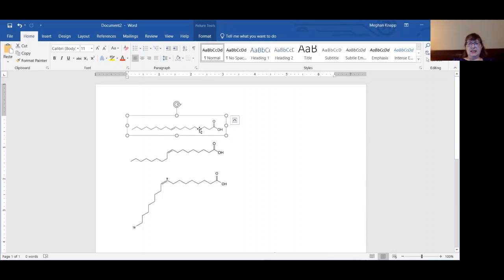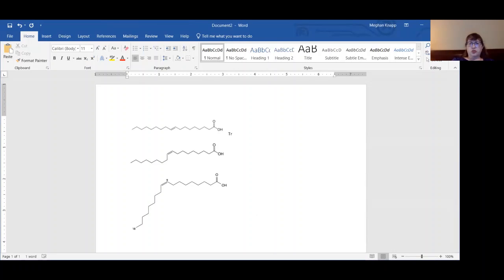You can see that the zigzag line doesn't really change at all, other than we have a double line here. Now I've moved the carboxylic acid to the other side. That doesn't matter, it can be on either side. But we have that zigzag line not changed. So this is going to be our trans molecule.